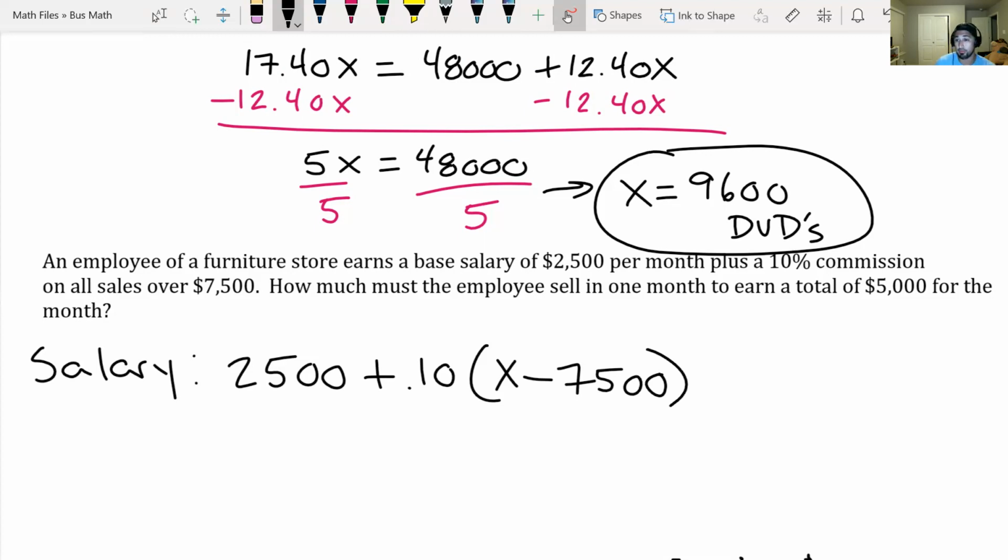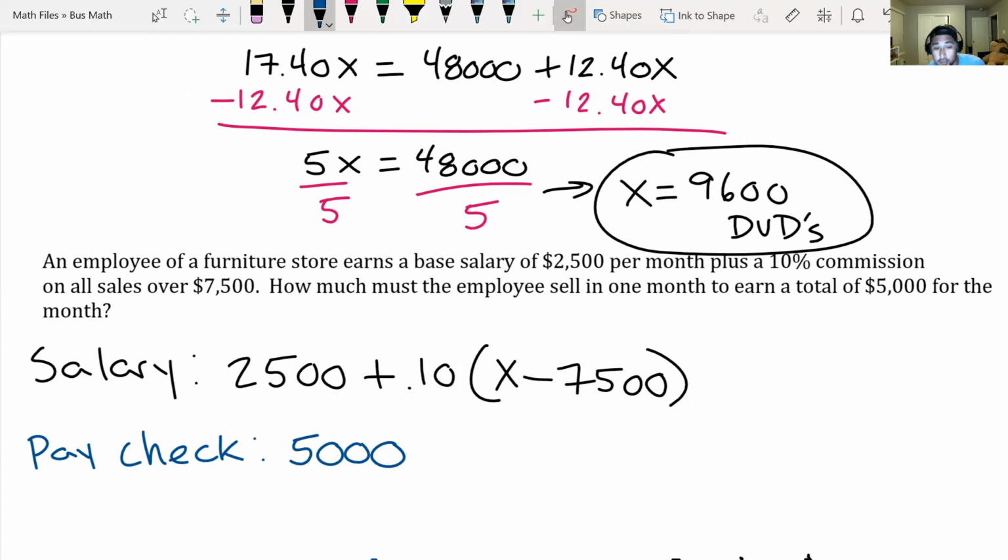Okay, and now this employee wants to make $5,000 for the month. So we're going to call this one paycheck. And for their paycheck, this employee wants a $5,000 paycheck, no matter what.